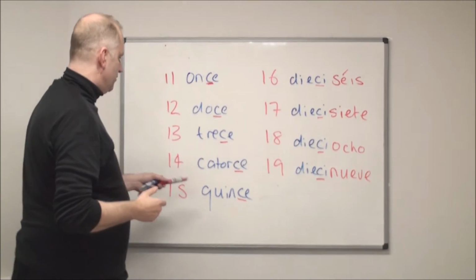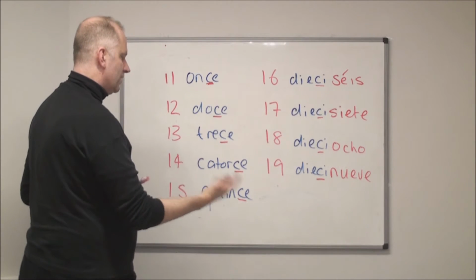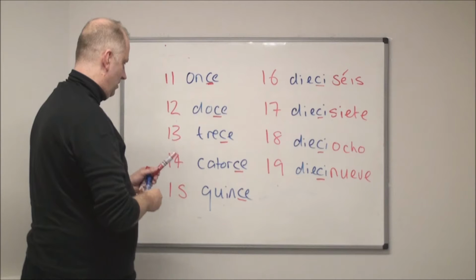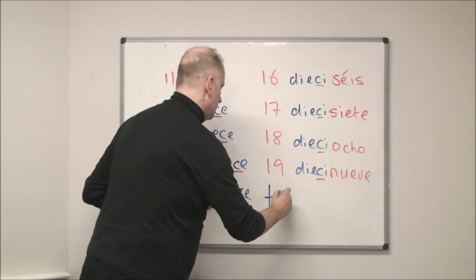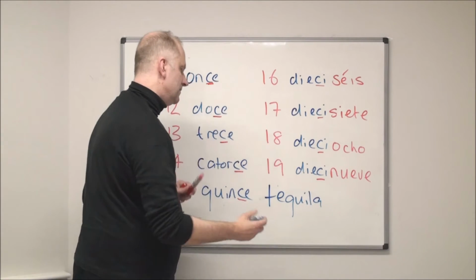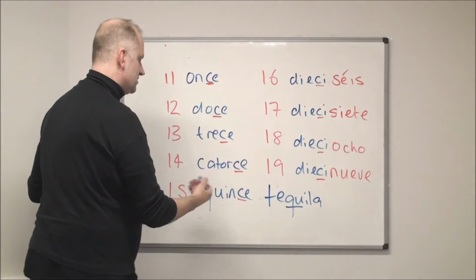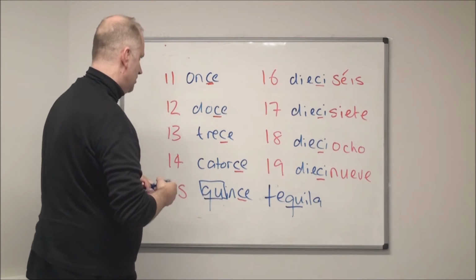Also, when you've got a QU, some people want to say quinthe, but think of tequila: you don't say tequila with a Th, it's like a K in English.